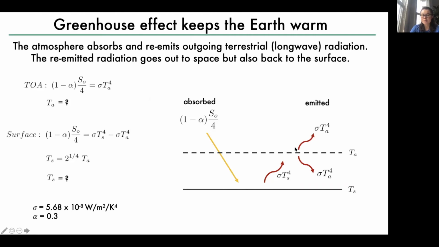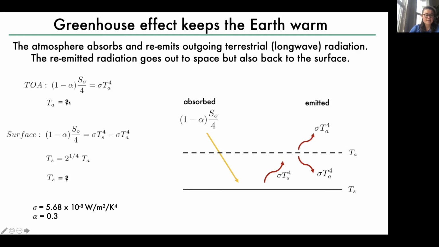It's absorbed by the atmosphere, and then it's re-emitted by the atmosphere, both up and down. And so we're just going to do another radiation balance here. At the top of the atmosphere, all we have to think about is this term and this term. So we can balance those two, and we can find the temperature at the top of the atmosphere that way.